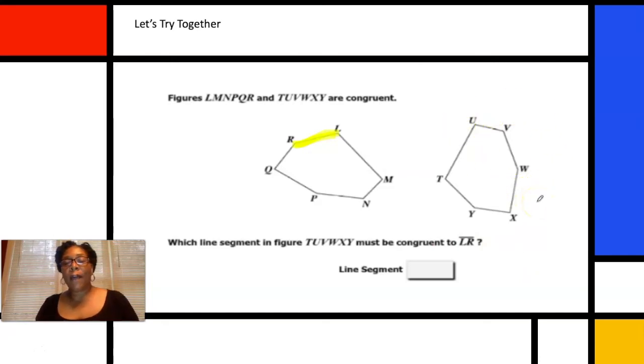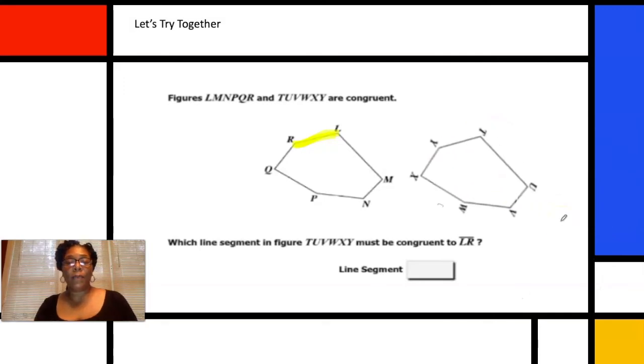Well, I have to be very careful because right now that figure is not in the same position. So I can do one or two things. I can actually trace it and then make sure I turn it in the right position. Pay attention to our figure TUVWXY.